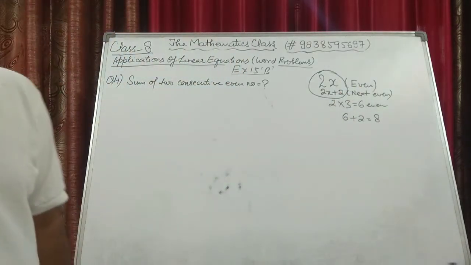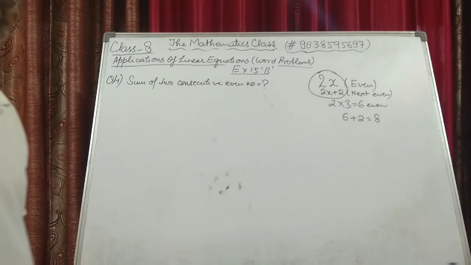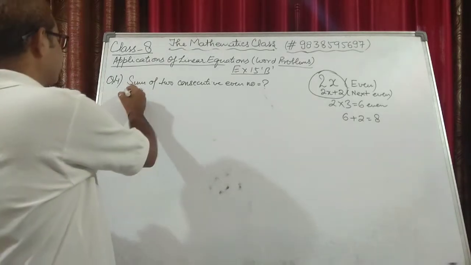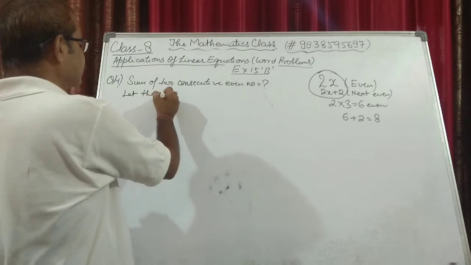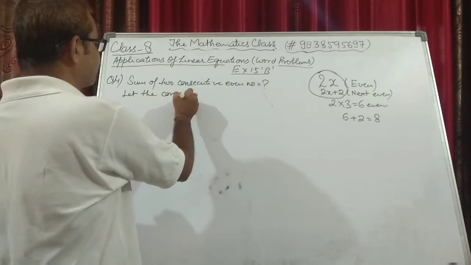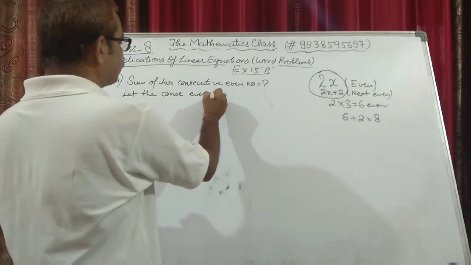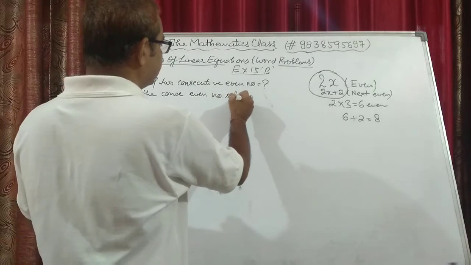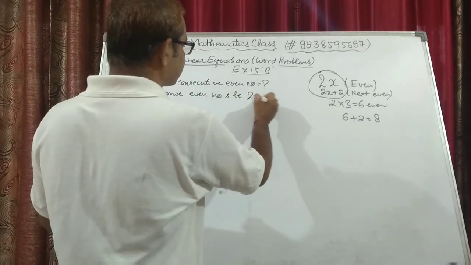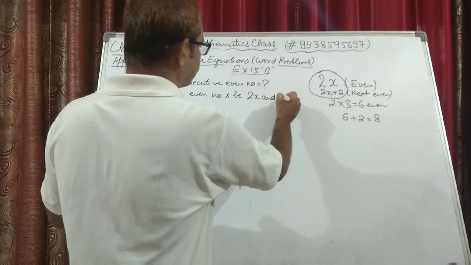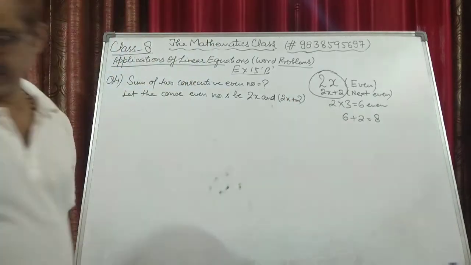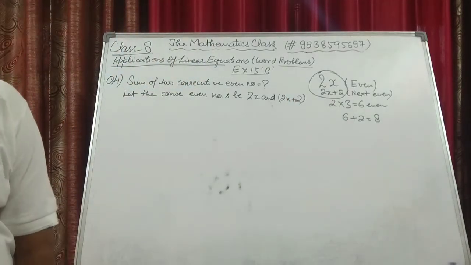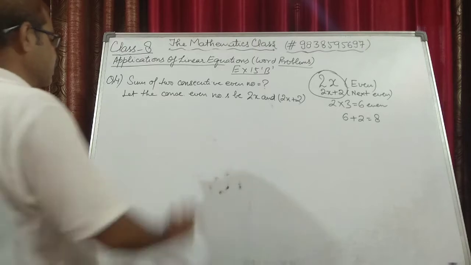Then they say the difference of whose squares is 84. So we will say, let the consecutive even numbers be 2x and 2x plus 2. Now the second statement: the difference of whose squares is 84.